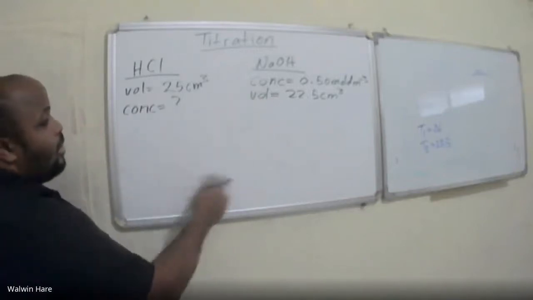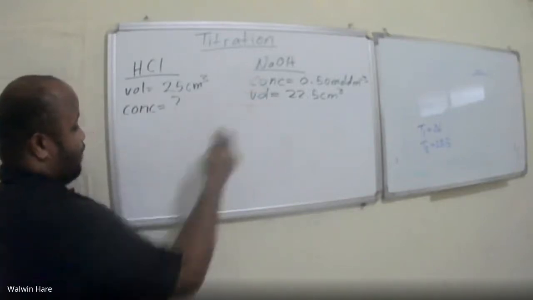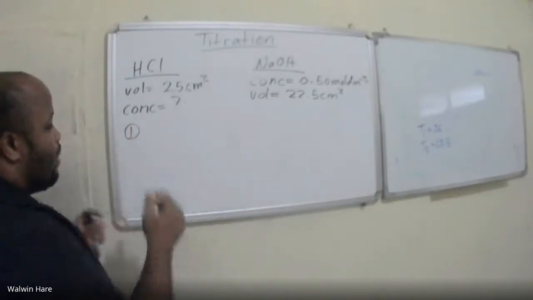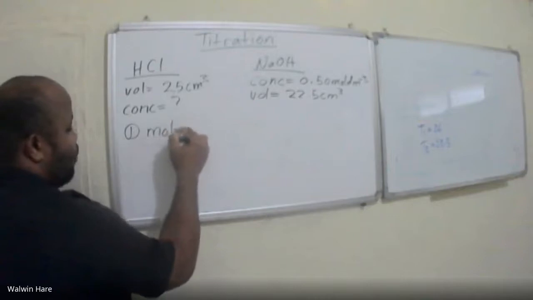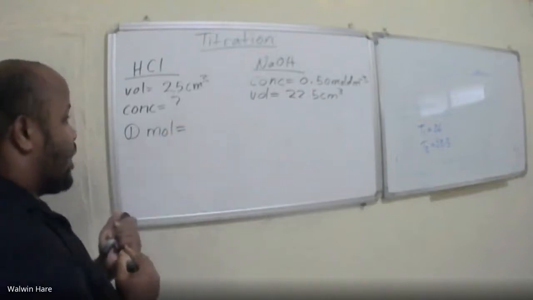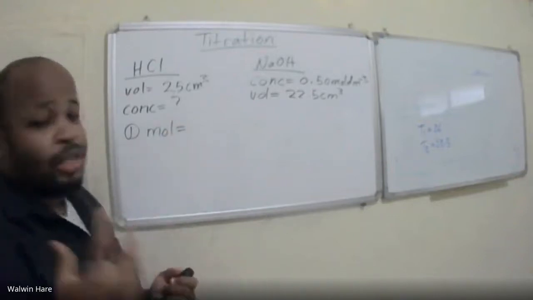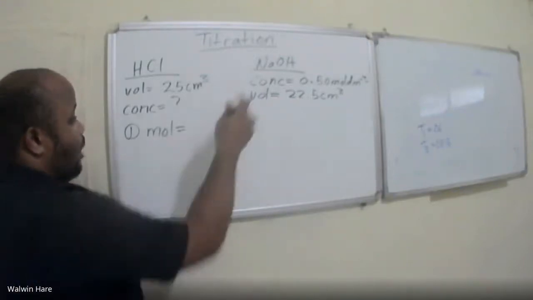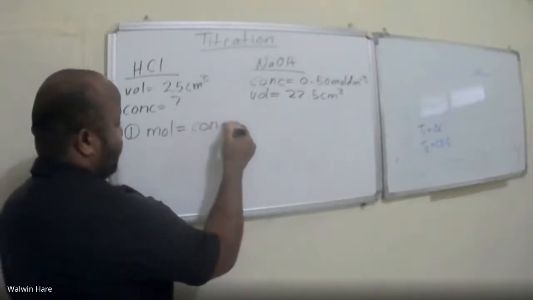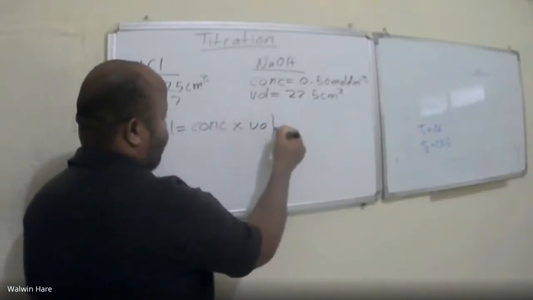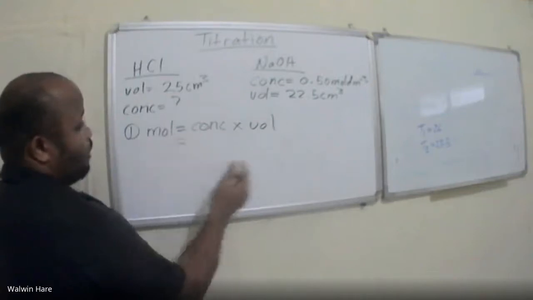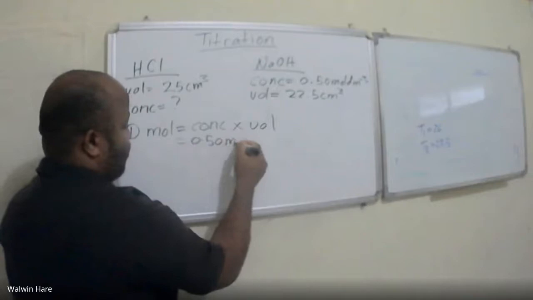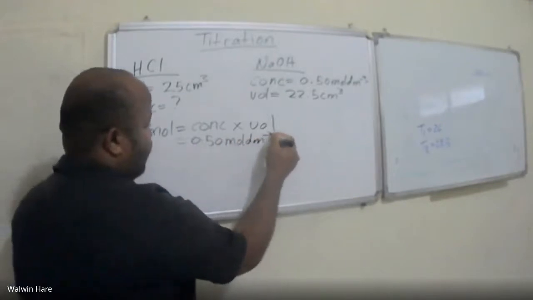In this case, it's sodium hydroxide. So the first step in our calculation, we're going to calculate the number of moles of sodium hydroxide. So remember, concentration is mole over volume, therefore mole is concentration times volume. The concentration is 0.50 moles per dm cube.